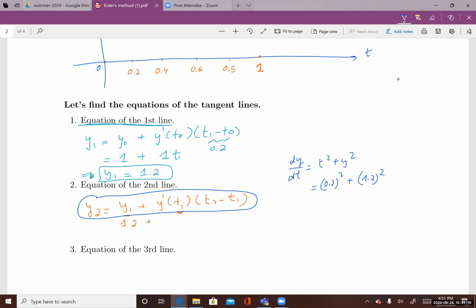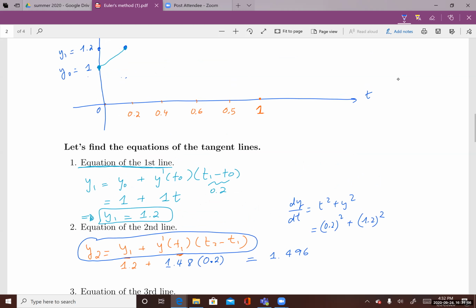Let's calculate another one here. So you have 0.2 squared plus 1.2 squared is 1.48. And again, t2 minus t1 here is always just 0.2, as we already defined. So what is y2? So it's going to be 1.496.